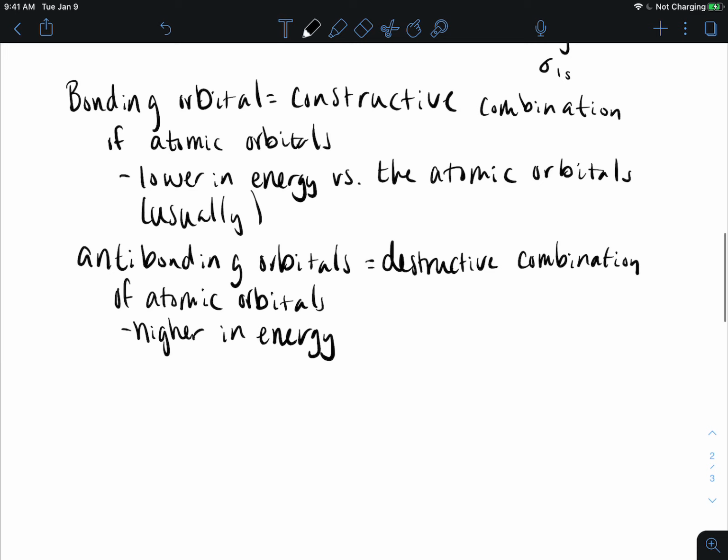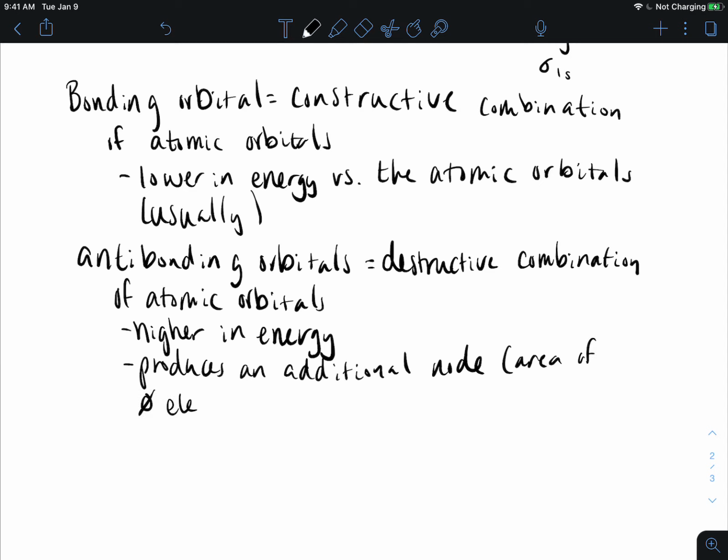This is going to produce a node, so that area of no electron density between the two nuclei. So essentially, if you put electrons into that antibonding orbital, there's going to be no electron density between the two nuclei, which destabilizes.